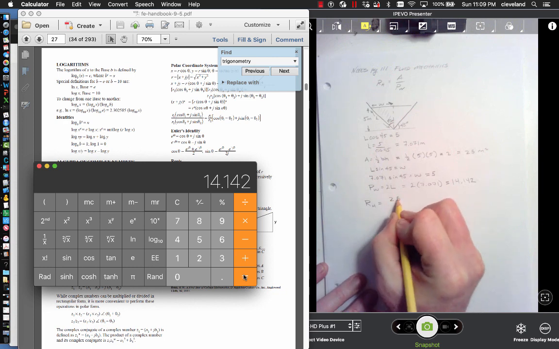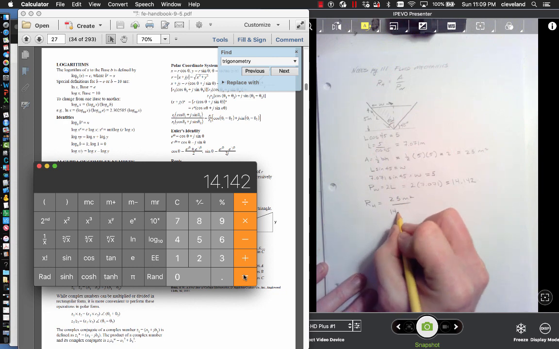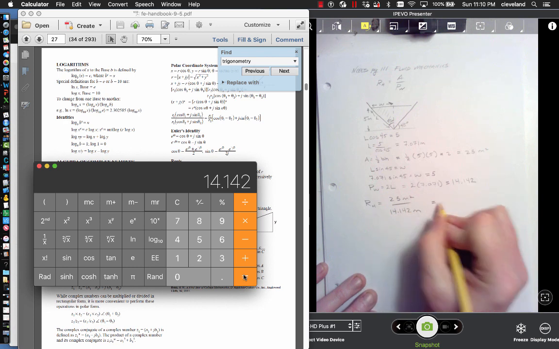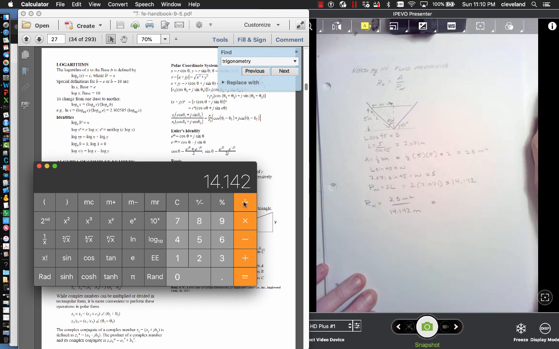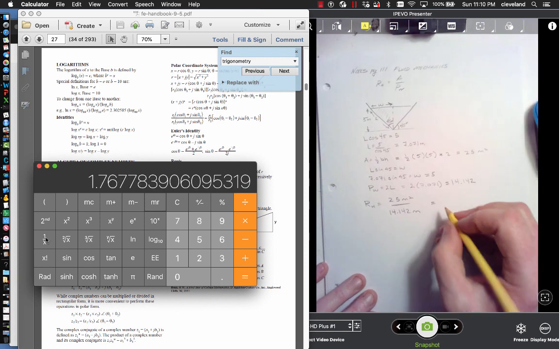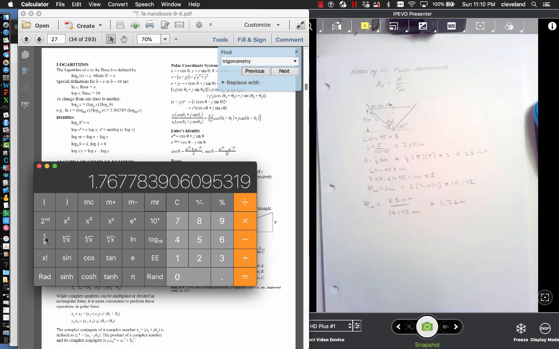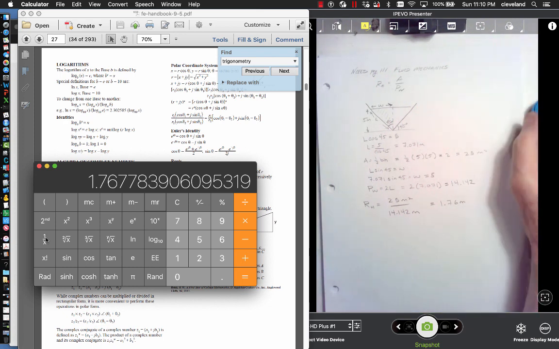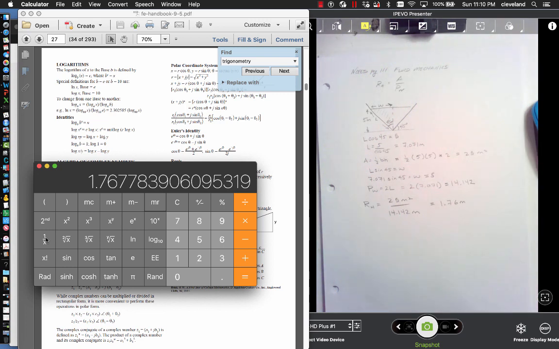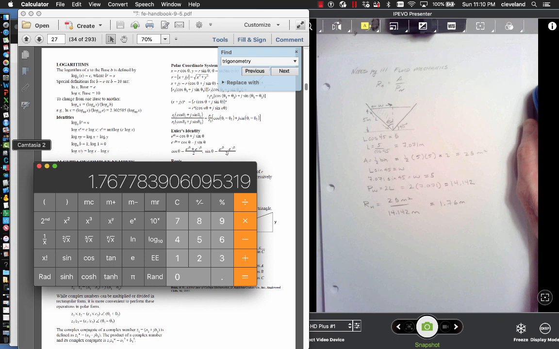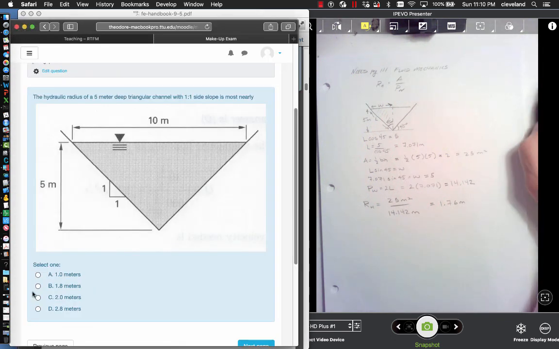Equals 25 meters squared over 14.142 meters, which is 1.76 meters. And our answer choices, the closest is 1.8.